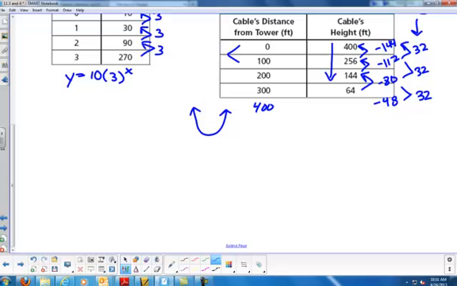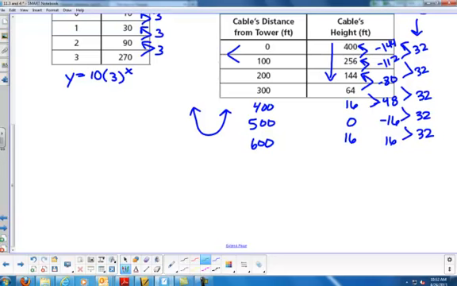So that would mean that 400 would be 16. And then if we do that again for our next one, 500, a difference of 32 from the negative 48 gives us negative 16. So negative 16 from 16 is 0. So that's probably going to be our peak, because for 600, a difference of 32 from negative 16 is a positive 16. So 600 will get us back to 16.